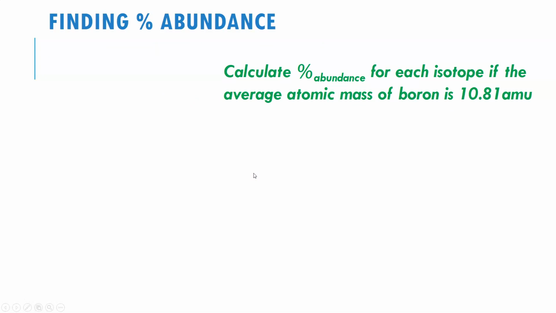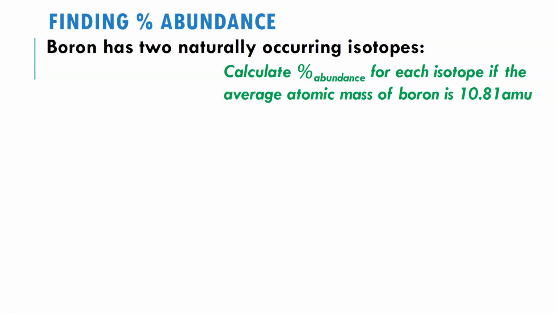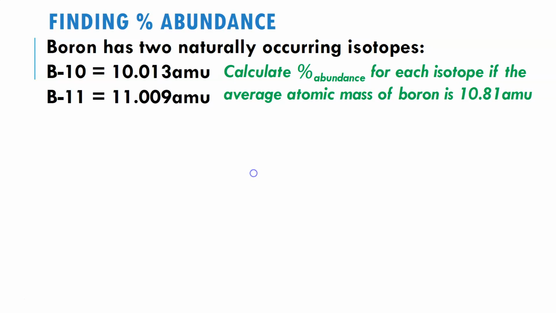So, let's calculate the percent abundance for a situation where we have two isotopes of boron. This was kind of nice. They gave me the actual masses. If they don't give you the actual masses, then just use the mass numbers. It's not perfect, but it's plenty good enough.